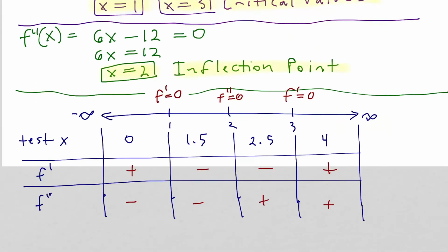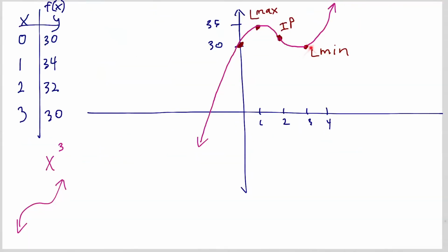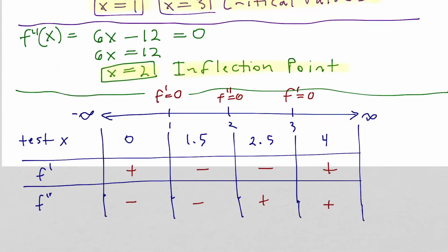So we go back here and we can see positive slope, negative slope. Now if this one is a local min, we would expect negative slope, positive slope, going from the left side of 3 to the right side of 3. All right, so that would be here. So negative to positive, yes, that worked.